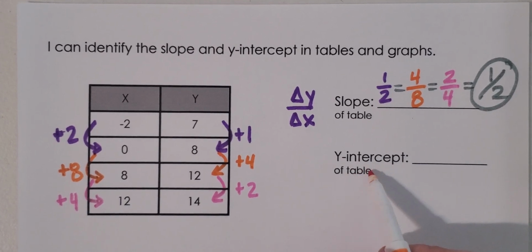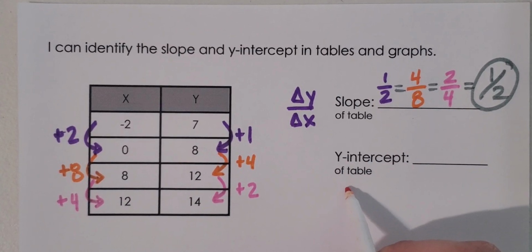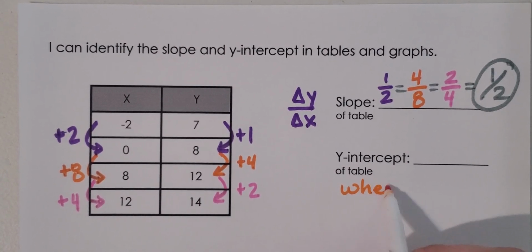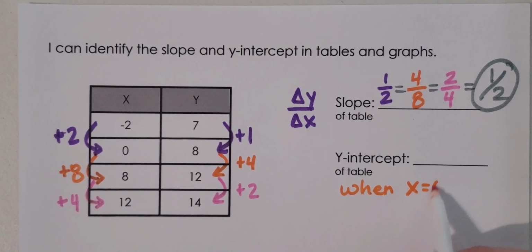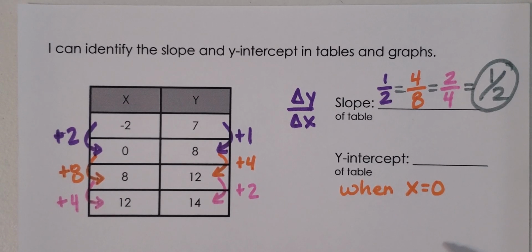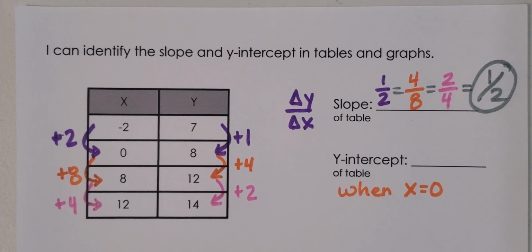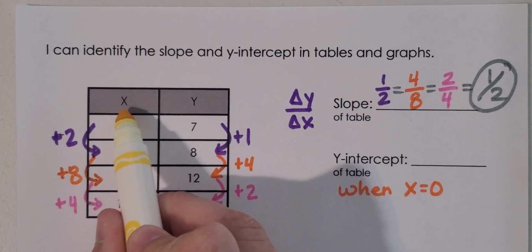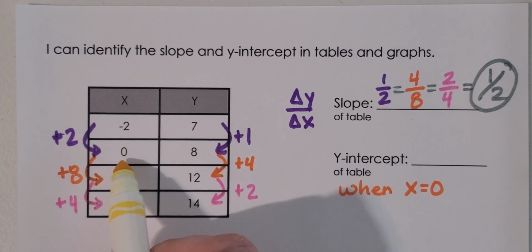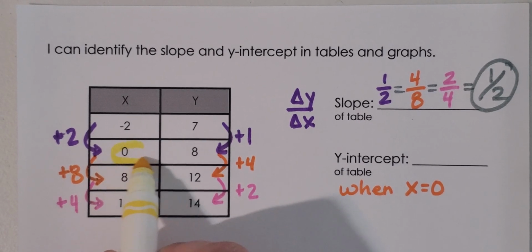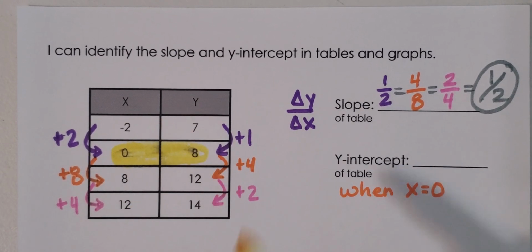All right, for the y-intercept of the table, remember the y-intercept is always when my x value is 0, because my coordinate point is always 0, comma, a number, wherever it crosses the y-axis. So looking at my table, I'm looking at my x column, figuring out where 0 is, and circling or highlighting it.